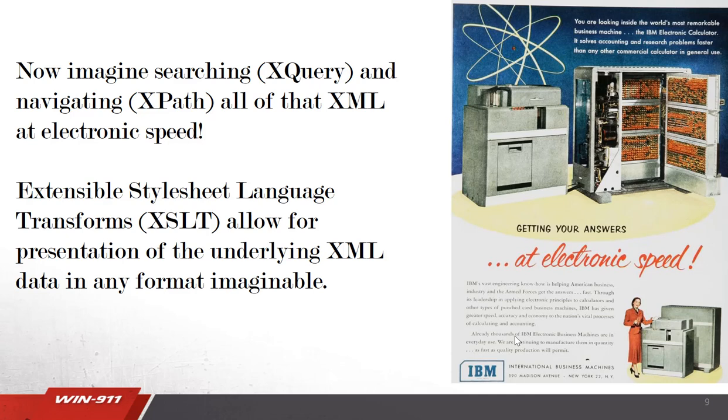XSL was developed as a transform to allow XML as an input to go to a different schema of XML as an output. And it quickly expanded beyond that to really any kind of output you could want, whether it's plain text or rich HTML, or speech synthesis markup language. Anything that can be represented as text at all can be the output of an XSL transform.